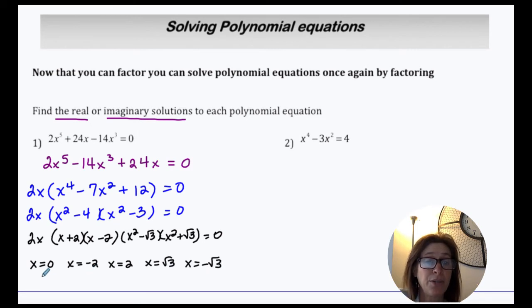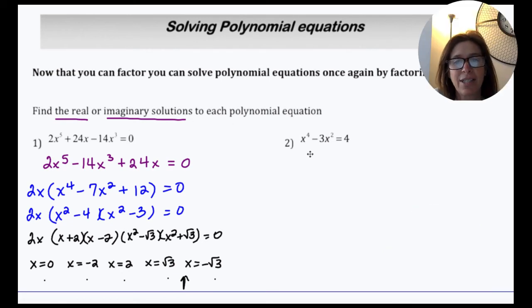Okay, so you can see I have 1, 2, 3, 4, 5 answers, all of which are real. These are just irrational roots, but they still can exist on the coordinate grid, so on the x-axis, whereas imaginary, I didn't get any.